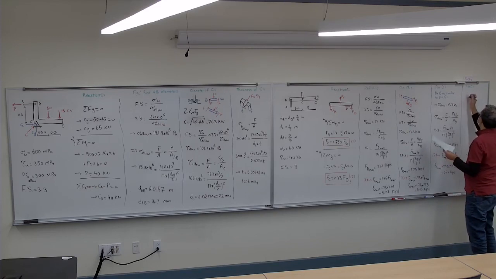Again, we know that the tau allowable is 13.3, so we don't need to calculate that again.